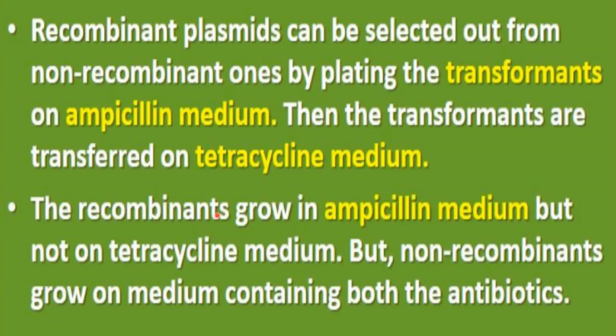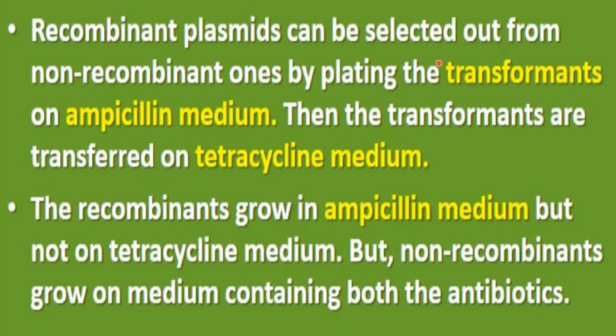Because the recombinants have that alien piece of DNA in the tetracycline gene, and that has been inactivated. That's why the recombinants will not grow on tetracycline medium, but non-recombinants grow on medium containing both the antibiotics. So on this basis we can select the recombinants from non-recombinants among the transformants.